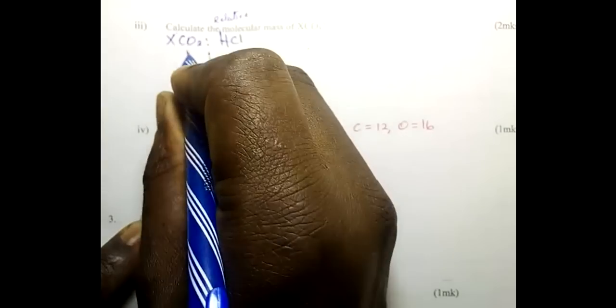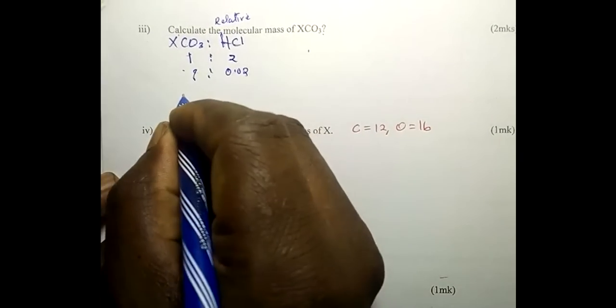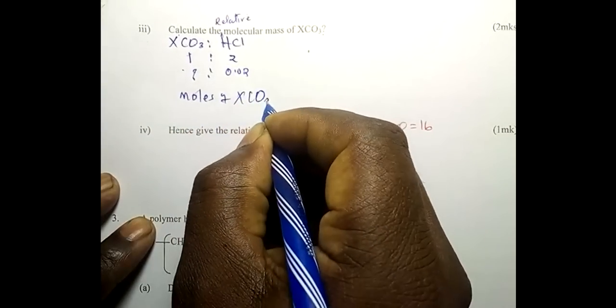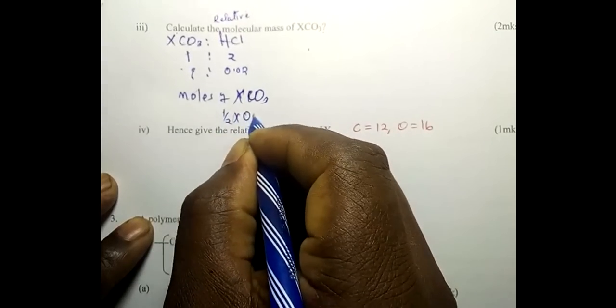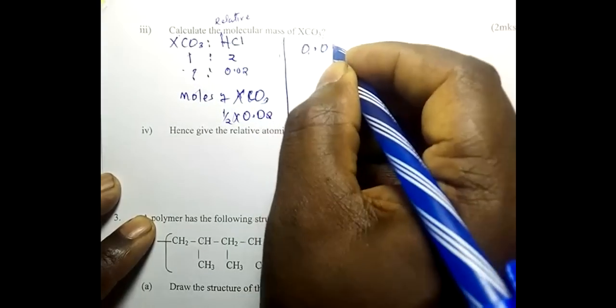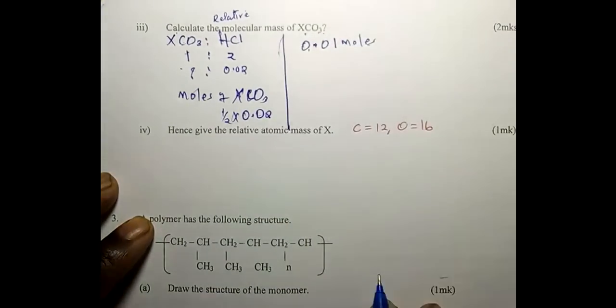So what will be the number of moles of the carbonate? The carbonate will have half of the number of moles. Therefore, moles of X carbonate is a half times 0.02. That will give us 0.01, and that is the number of moles of the X carbonate.